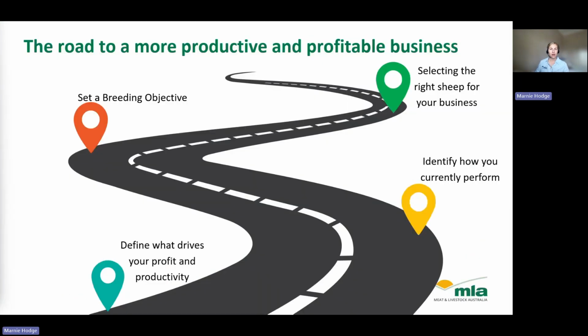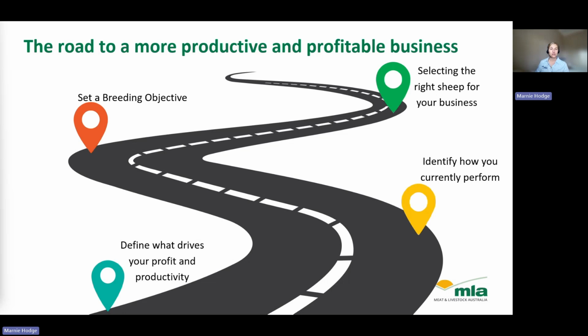So we need to think about a few things when we're thinking about setting up for success prior to actually running MateCell, because we want ultimately our businesses to be more productive and profitable. So we need to set this up perfectly before we get started with MateCell. First up, you need to define what actually drives your on-farm profit and productivity, both for your own business but also for your commercial ram buying clients.